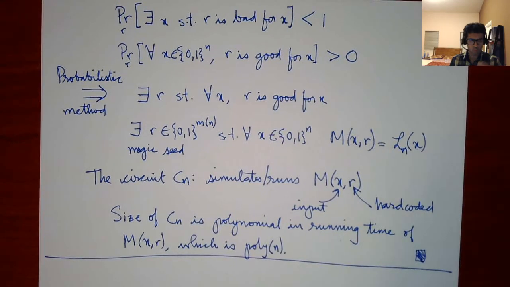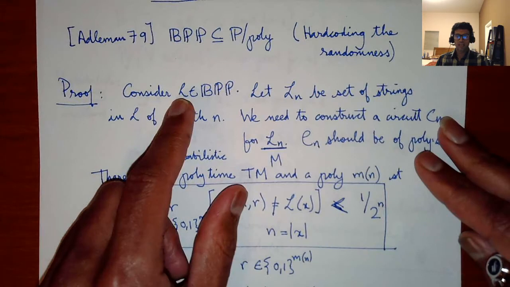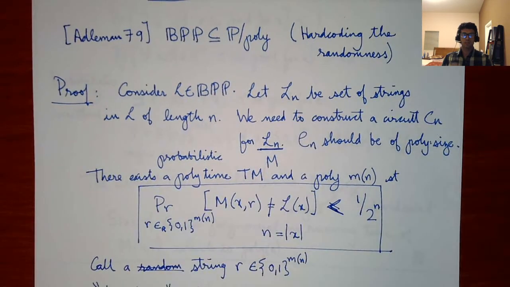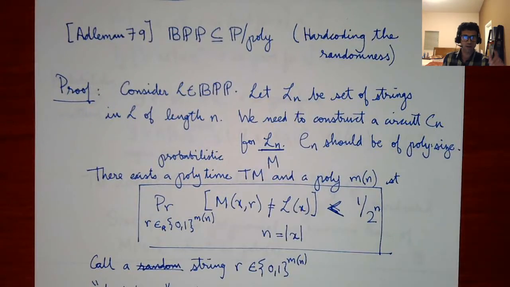So let me walk through this proof again. It takes some care. So let's go back. We take some language in BPP. We look at all the strings of length n, and we call that L_n. We need to construct a circuit for L_n of polynomial size.